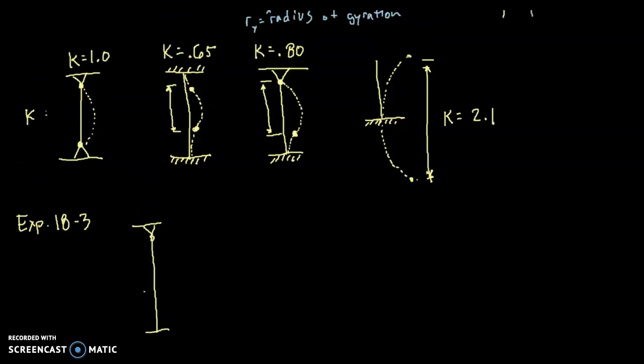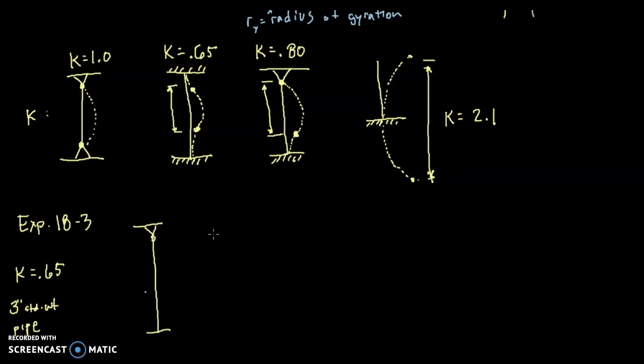Well, right away, we want to use a K value of 0.65. And it's made of a 3-inch diameter standard weight steel pipe. So 3-inch standard weight pipe. We're going to need to look that up in the appendix and find some properties of a 3-inch standard weight pipe.